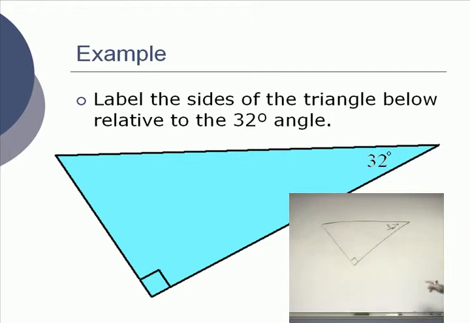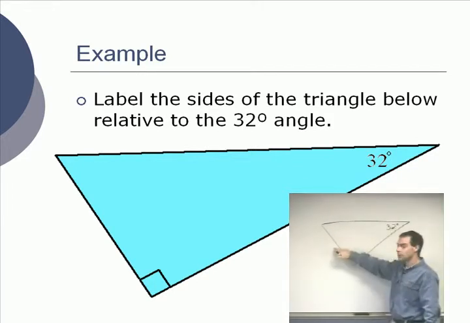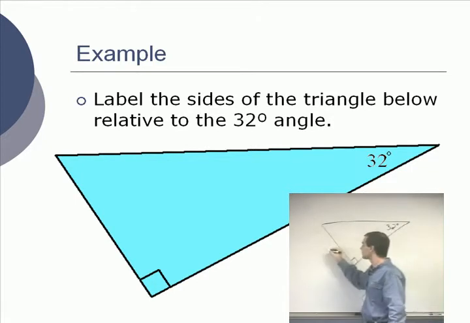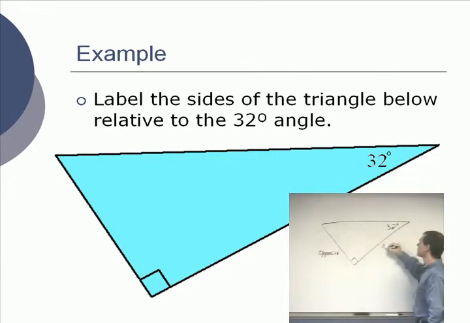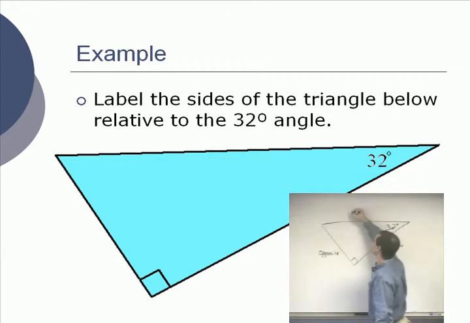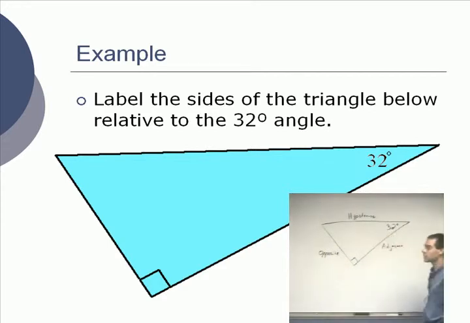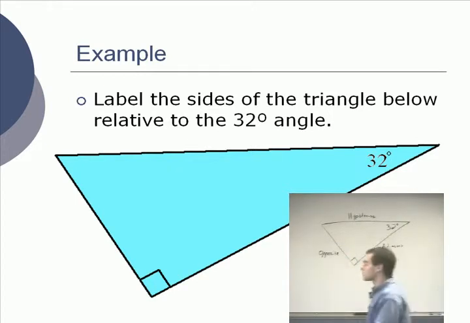That's our top right angle. Now, according to this angle being our reference of 32 degrees, this side has to be which one? Opposite. This one has to be the adjacent. And of course, this is our longest side. It's opposite the right angle. It has to be the hypotenuse. Okay? Well, that sets us up to establish some trigonometric ratios.